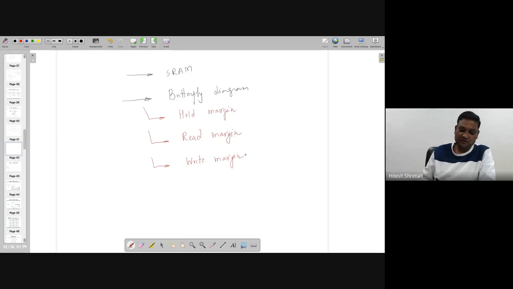Using this, you know the stability of your particular cell for writing, for holding, or for reading.